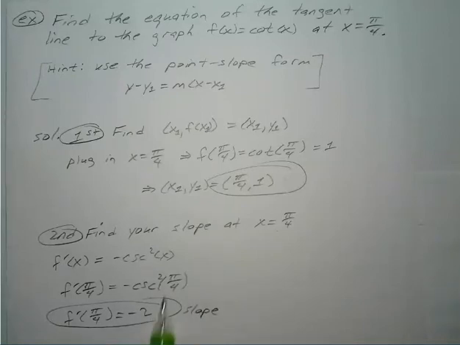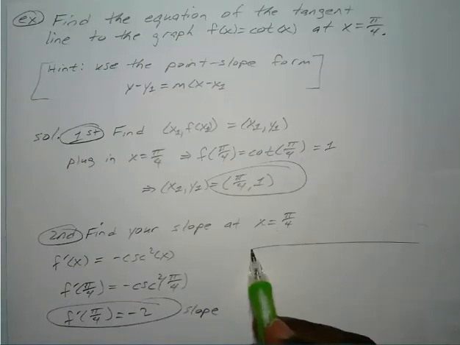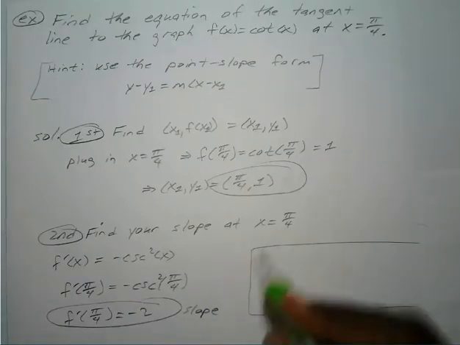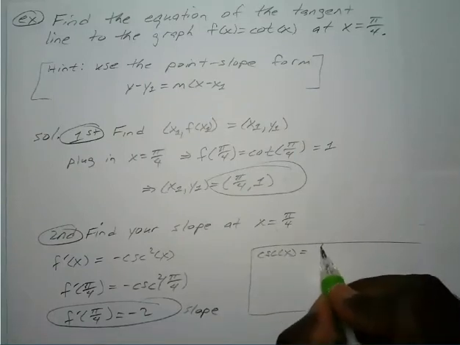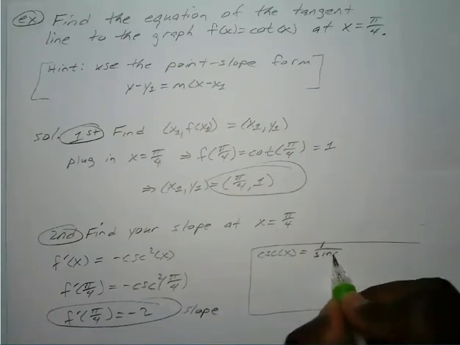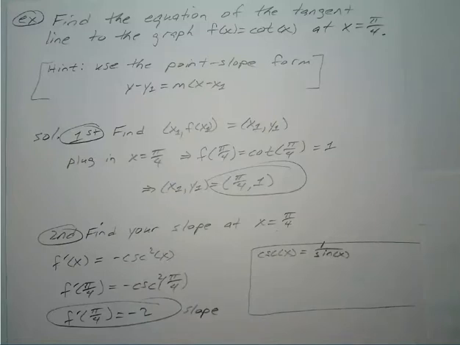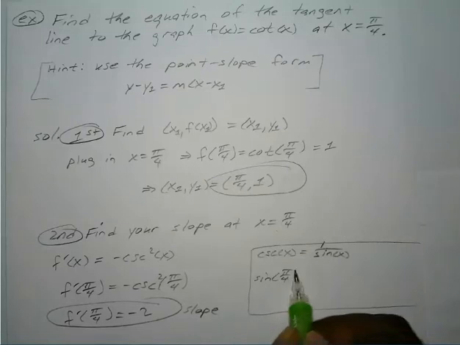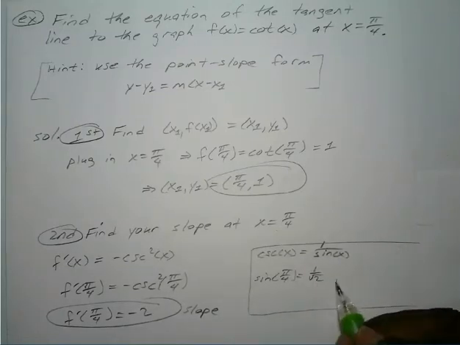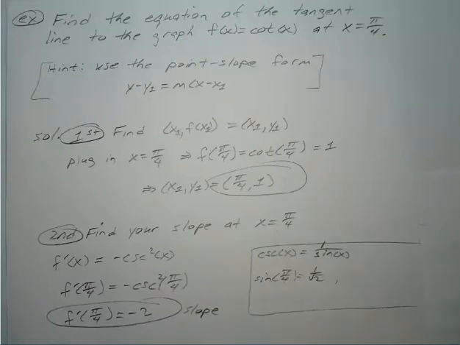Okay, so if you're wondering how I got that, I'll go ahead and write that out for you. We know that cosecant is equal to 1 over sine. Since sine of pi over 4 is equal to 1 over square root of 2, cosecant is just the reciprocal of that.